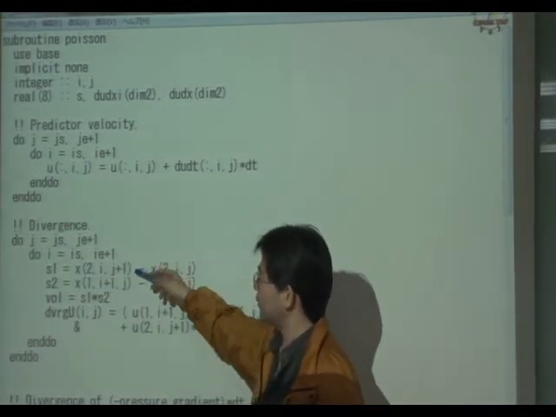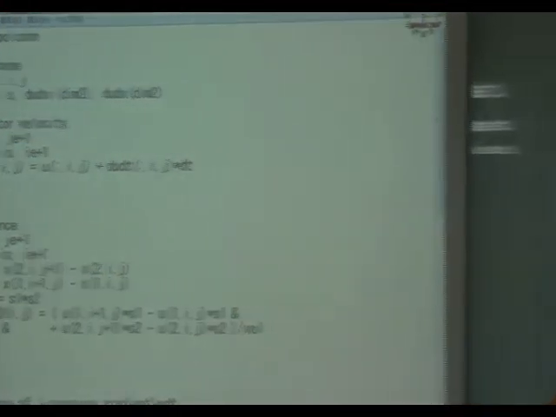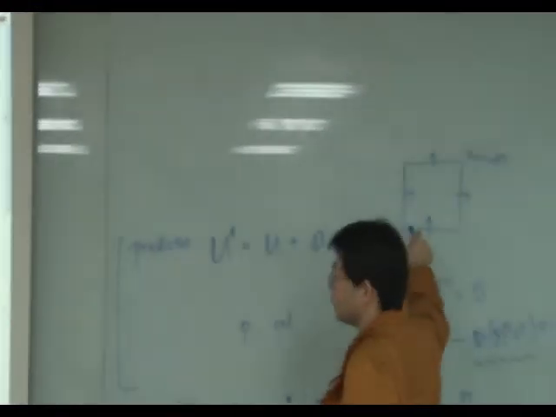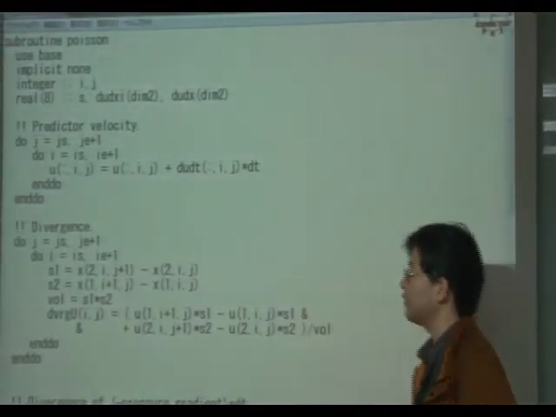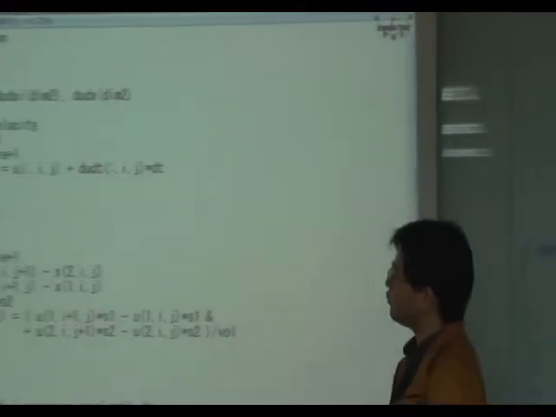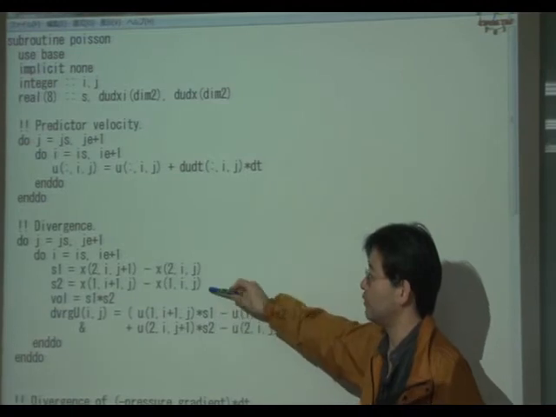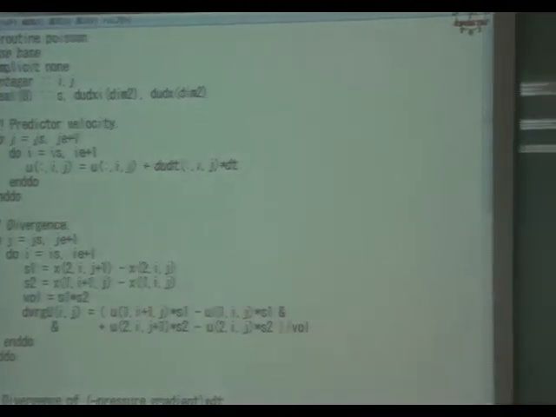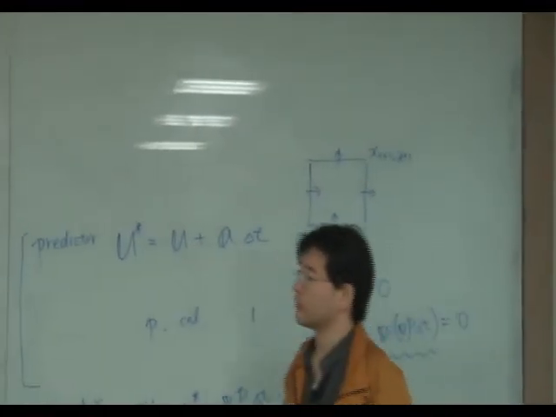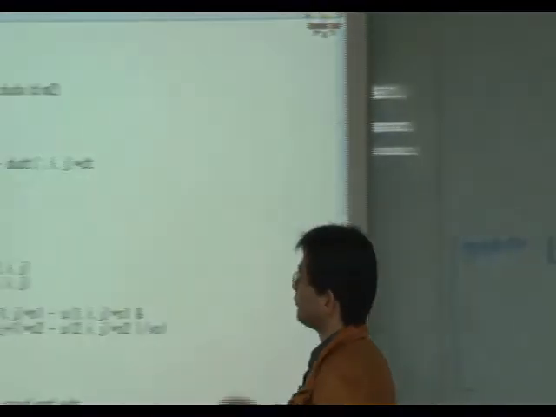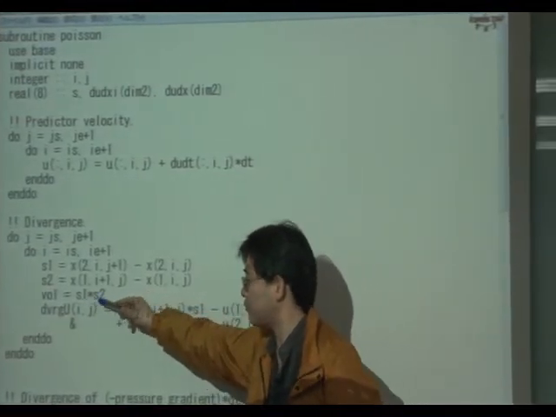It is the size of this edge, and also S2 should be a vector in the general form, but at present we calculate only the length of this edge. So the volume of this control volume is the product of S1 and S2.